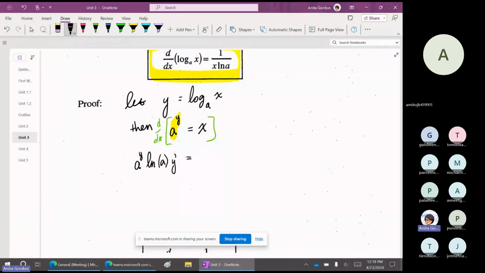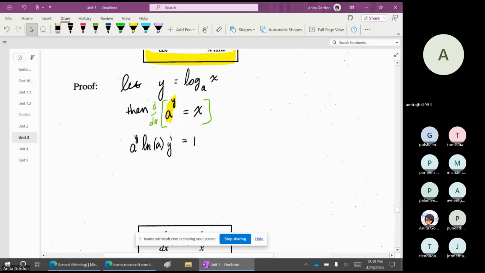What is the derivative on the right? 1. Okay. So y prime is 1 over a to the y ln a.